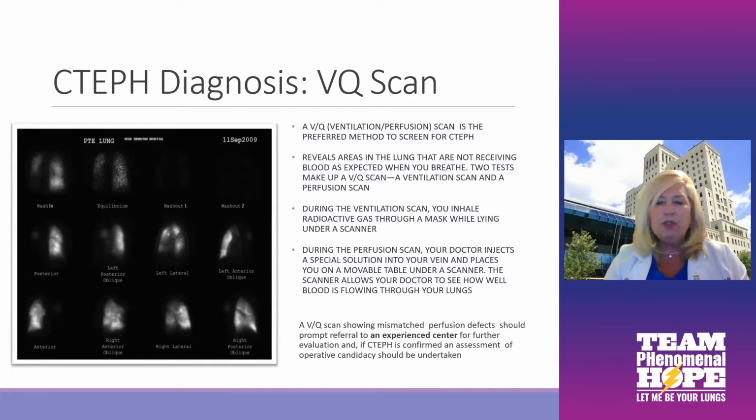That's the perfusion scan. And if you look at the top portion, you can see that right lung is there on the ventilation portion. So there's a very mismatched perfusion deficit here on this VQ scan. This patient definitively has a measure of CTEPH.